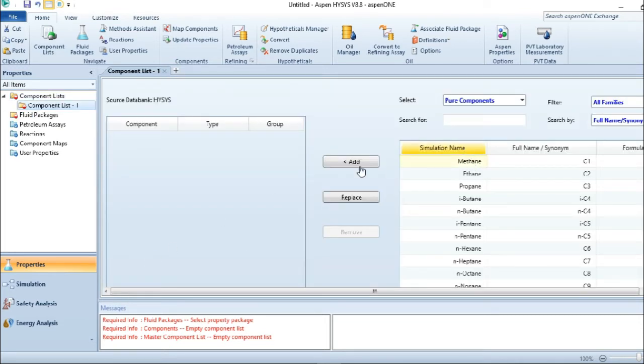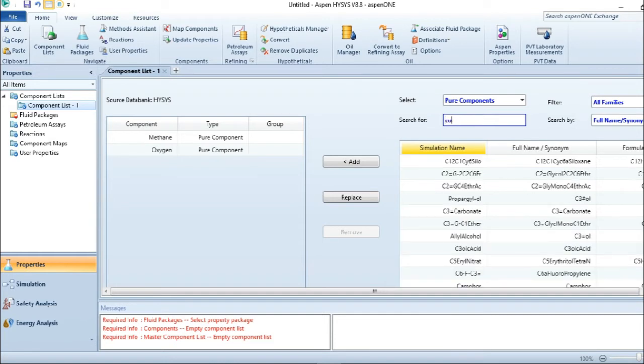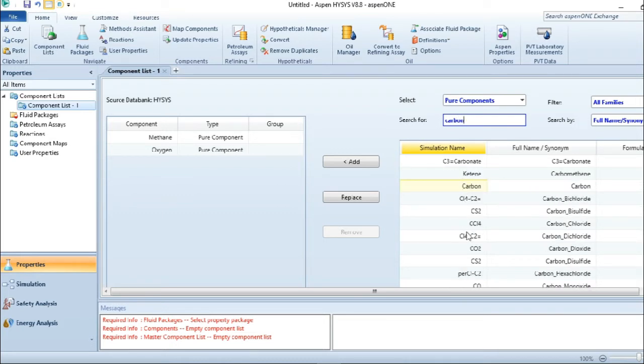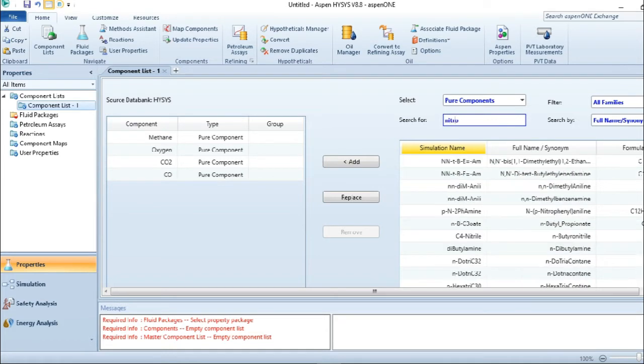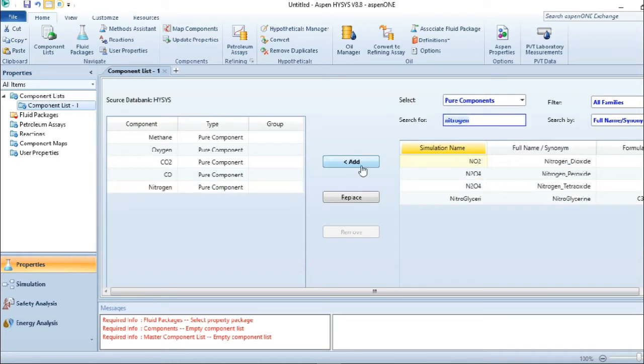I have methane, then oxygen gas, then carbon monoxide, carbon dioxide, then nitrogen.